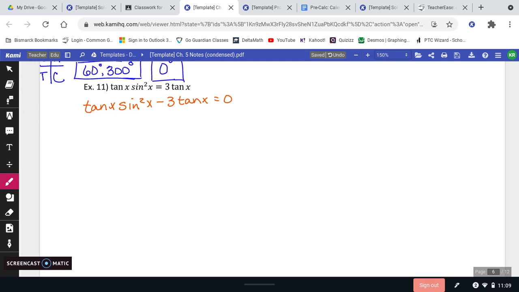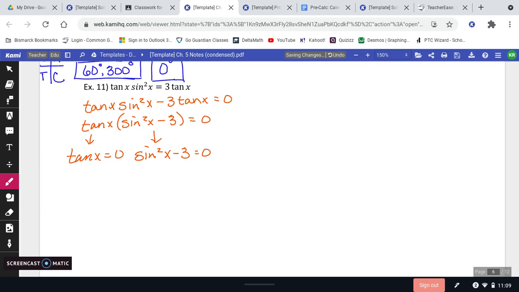Think factoring common monomial, you can take out a tangent. So I got tangent x times sine squared x minus 3 equals 0. So now I have tangent x equals 0, and I have sine squared x minus 3 equals 0.